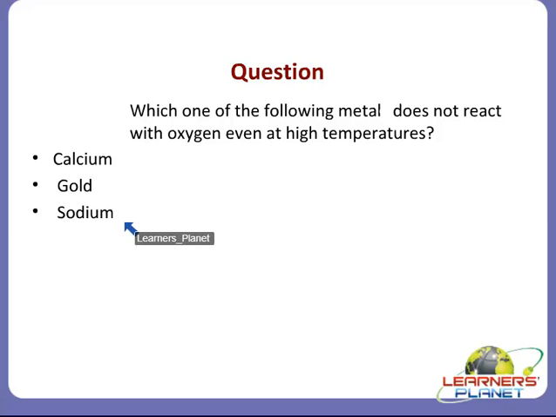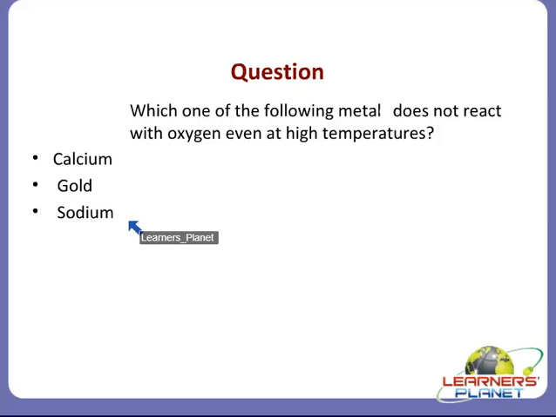So what are the metals which are highly reactive? They are potassium, sodium, calcium, magnesium, aluminium. These are highly reactive. So they all react with oxygen, as well as your zinc, iron, tin, lead. They also react with oxygen, but their reactivity is less.